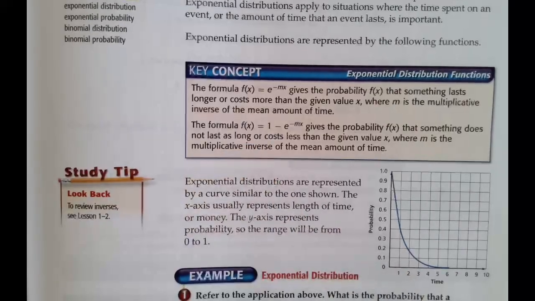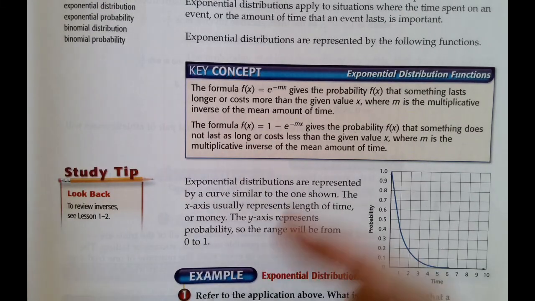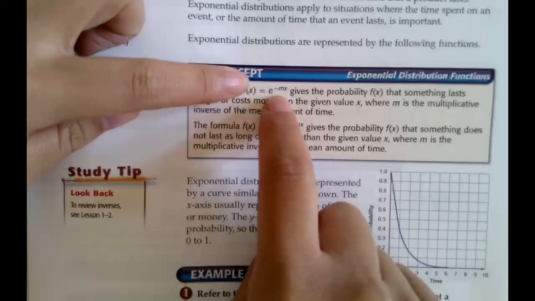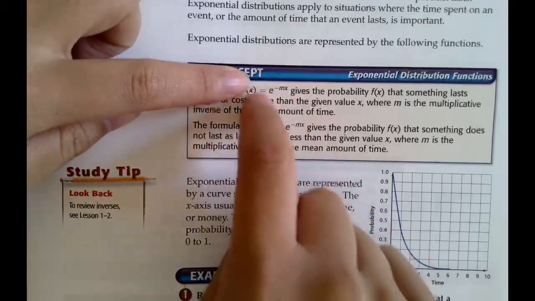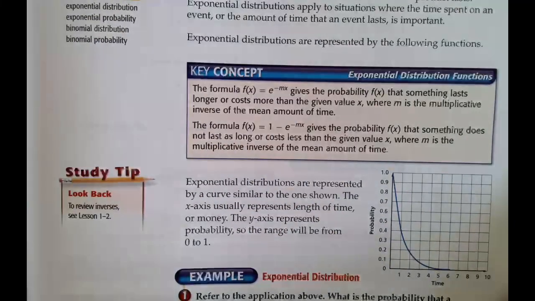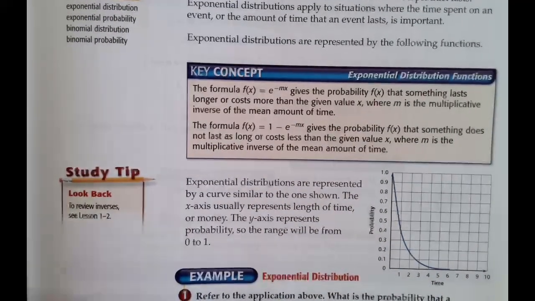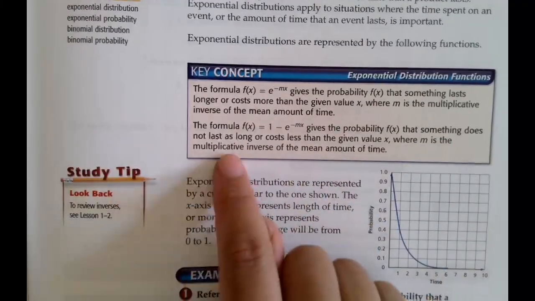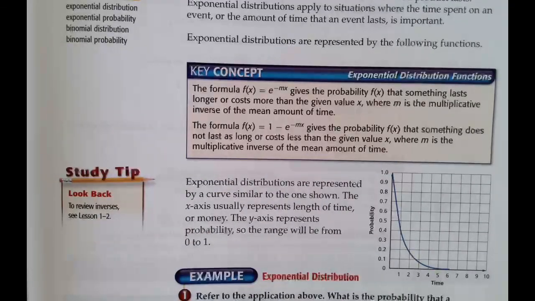So remember, probability is 100%, and so if this one gives the probability of it costing more, then 100% minus this would be the probability that it does not last as long, or it costs less. And again, m is the multiplicative inverse of the mean amount of time.